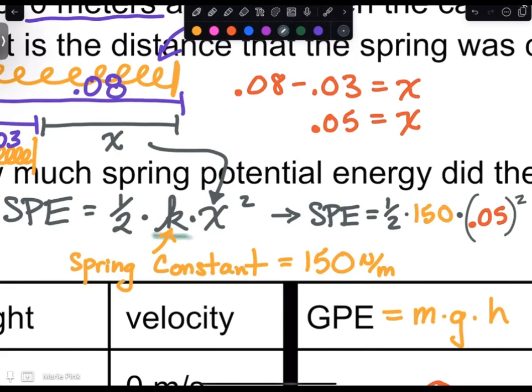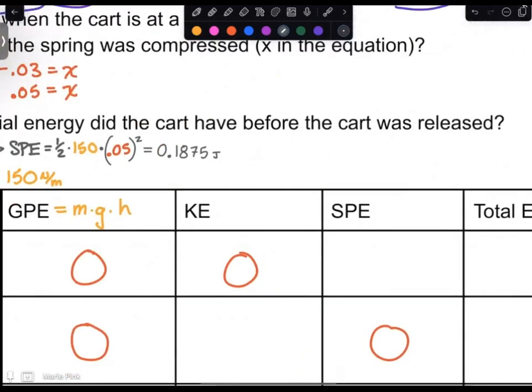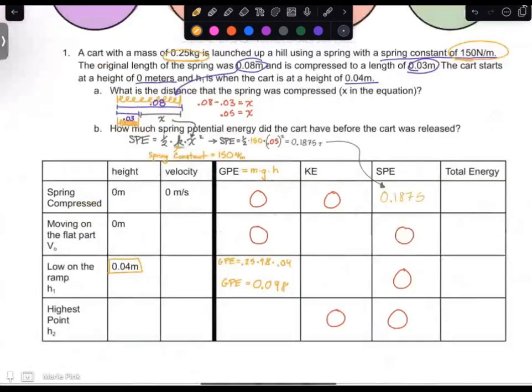So it's just X squared. And so you get a spring potential energy of 0.1875, and the units for that are joules. You can include them or not, that's fine. And so that will go into the table over here, because that's the spring potential energy that you started with. All right, so that's everything that we know so far.